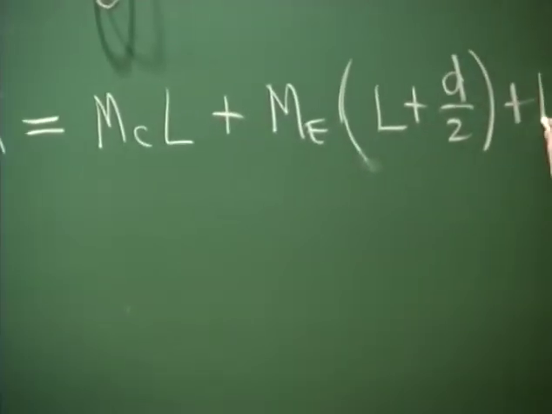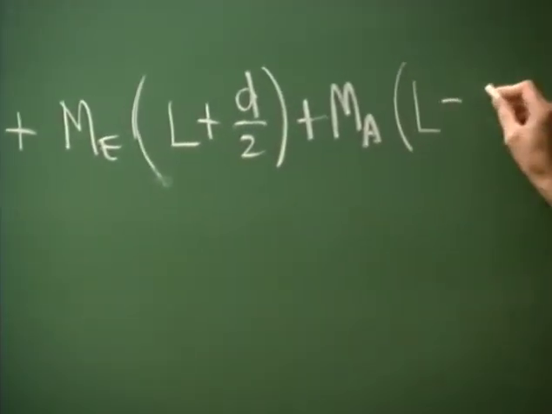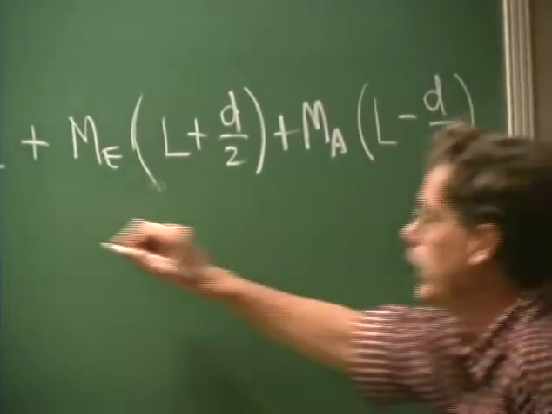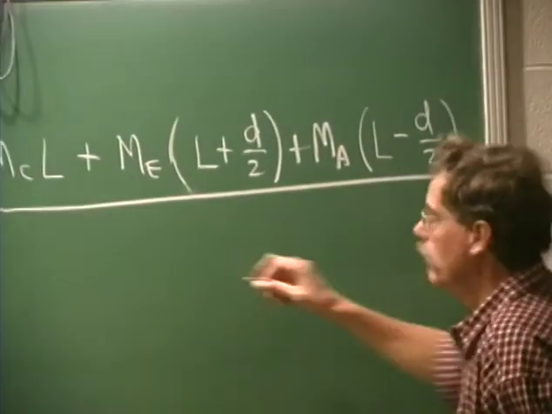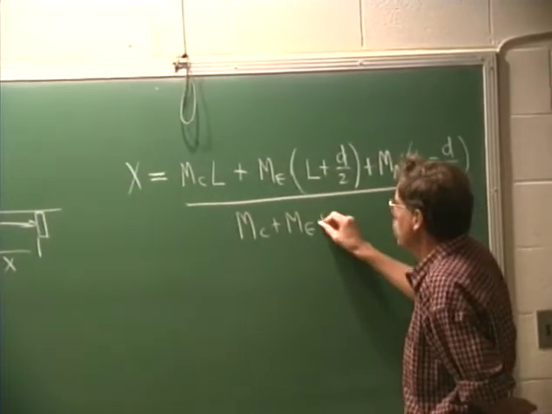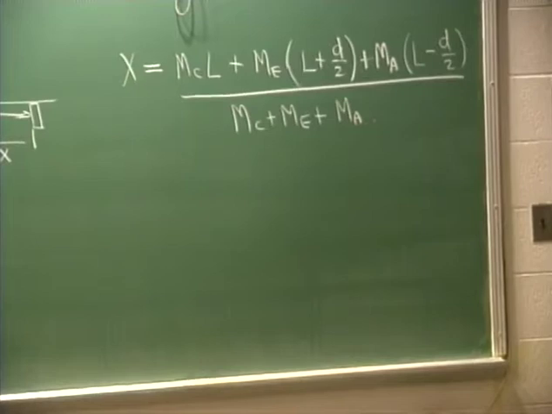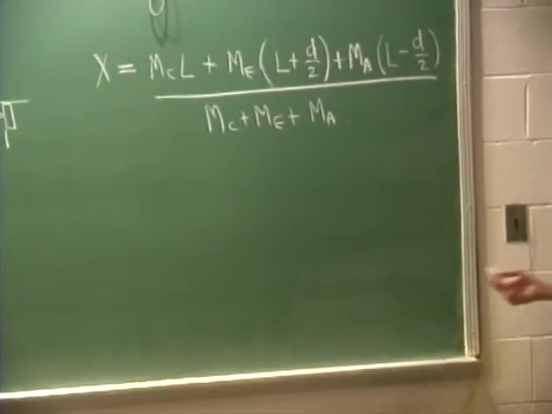And then there's Angela, and how far is she? Well, L minus D over 2. And to get the center of mass, I'm supposed to divide that by the total mass, M_C plus M_P plus M. Okay. So that's the situation before they change places.